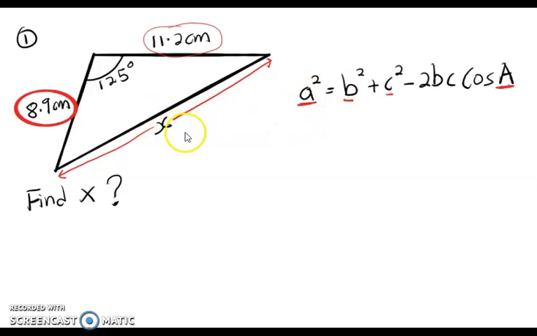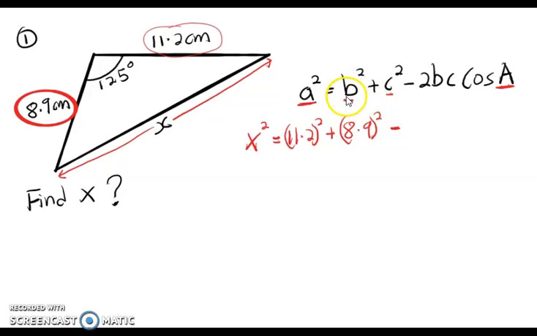So we substitute this. a equals x, so we put x square. Then for b, we can choose either one, so let me choose 11.2 as b, and don't forget to square it. We plus c, which is 8.9, squared, and minus.